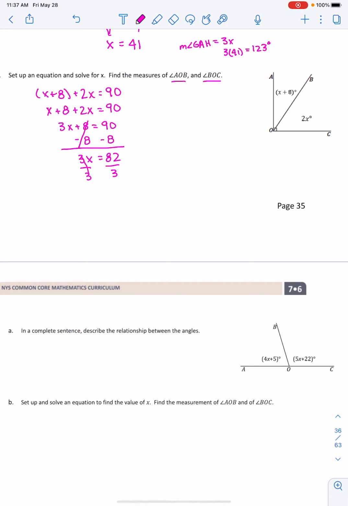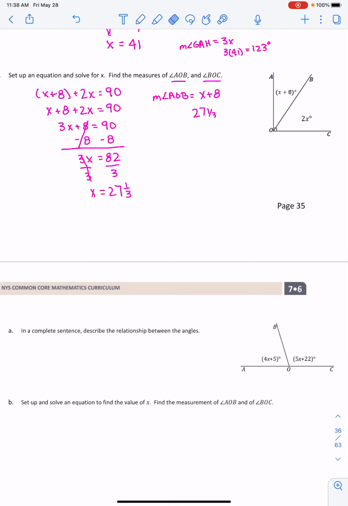So when I divide both sides by 3, I have x equals, and leave this as a fraction. Do not leave this as a decimal because it's a repeating decimal. So it would be 27 1/3. So when we find the measure of angle AOB, we would have x plus 8, so 27 1/3.